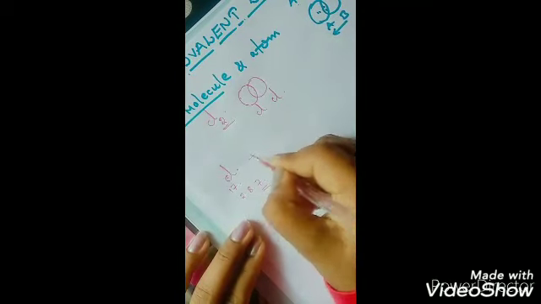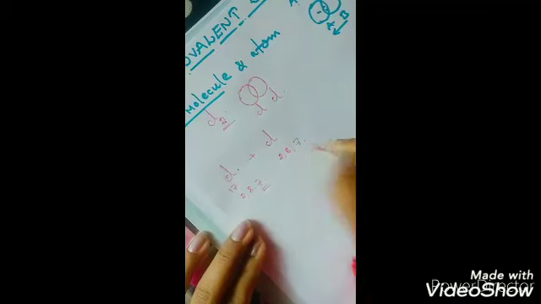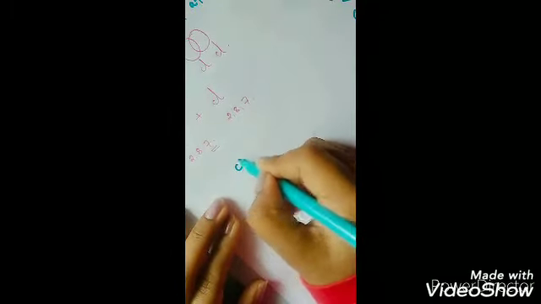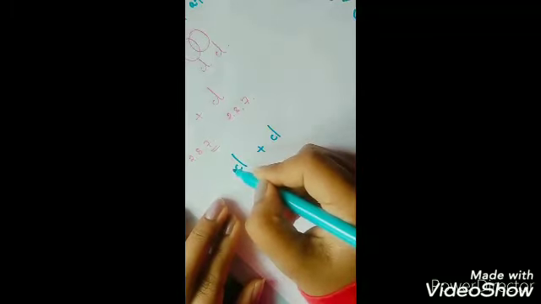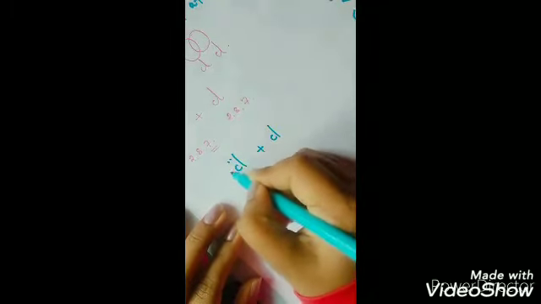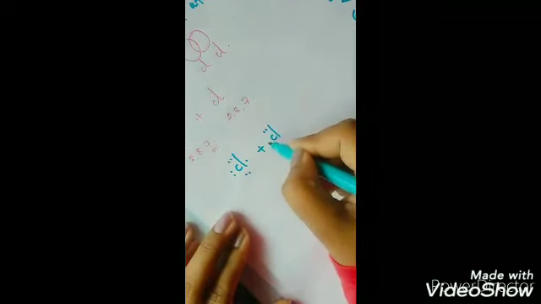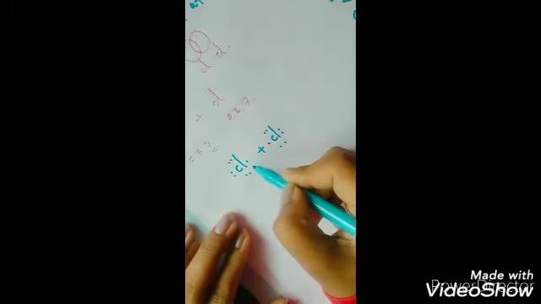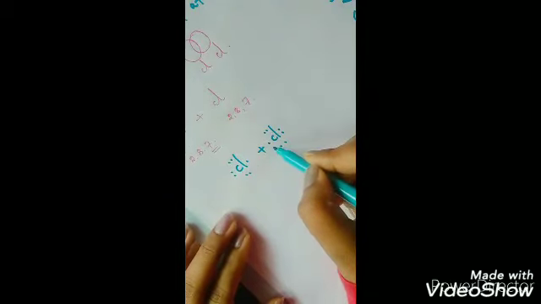The other chlorine also has the electronic configuration 2, 8, 7. In the Lewis dot notation, chlorine plus another chlorine, the outermost electrons are 1, 2, 3, 4, 5, 6, 7. Here also for the second atom, 1, 2, 3, 4, 5, 6, 7. Here one single electron is present, and for this chlorine atom also a single electron is present.